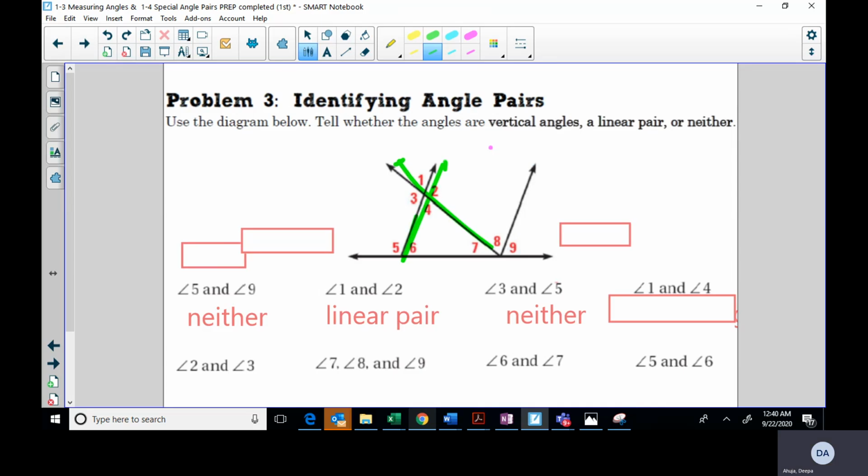They are formed by two intersecting lines. And this is the top and this is the bottom. So these are your vertical angles, angles formed by two intersecting lines. The top and the bottom is one pair of vertical angles. The left and the right is another pair of vertical angles. Angle 1 and 4 are vertical angles.